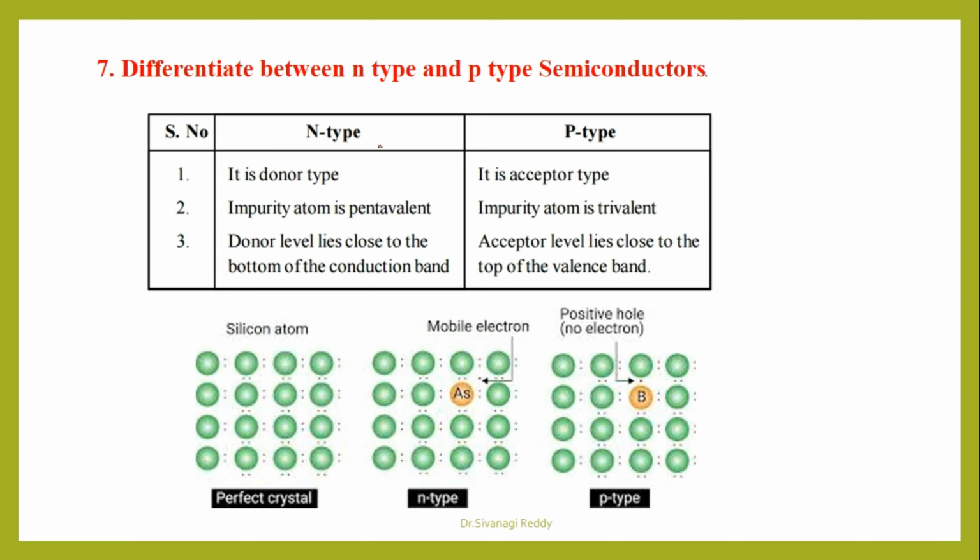Whenever we take a pure semiconductor and dope it with a trivalent impurity, we get a P-type semiconductor where holes are the majority. The donor level lies close to the bottom of the conduction band and the acceptor level lies close to the top of the valence band. The images below show the perfect crystal, N-type and P-type, where As and B are the impurities added to the system, and the double dots are electrons.